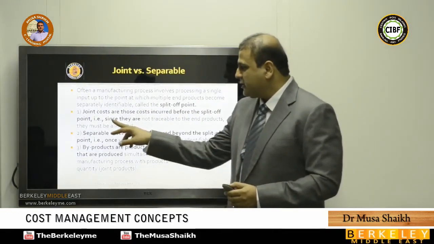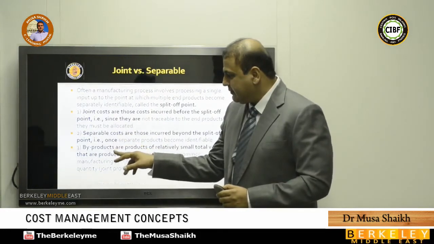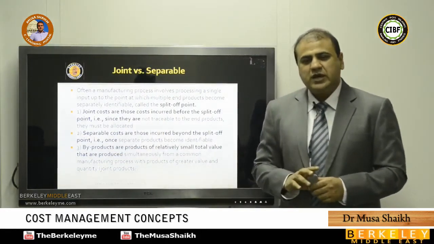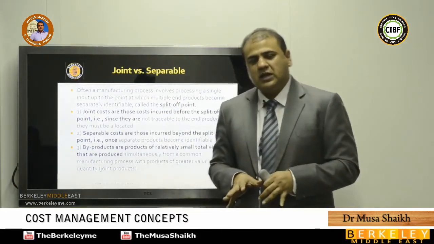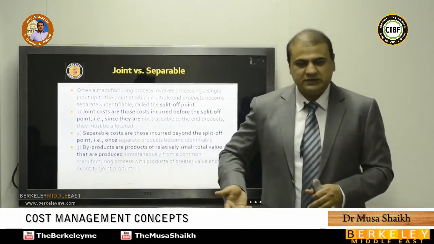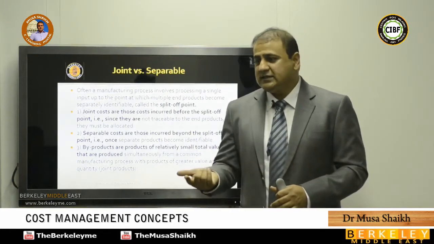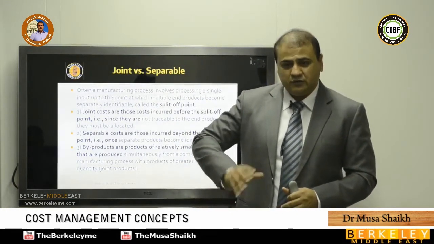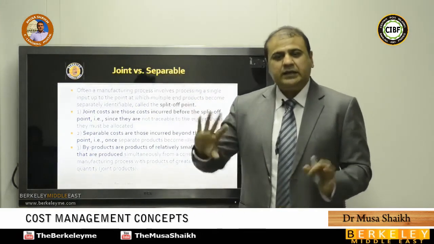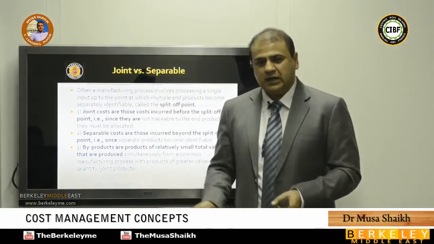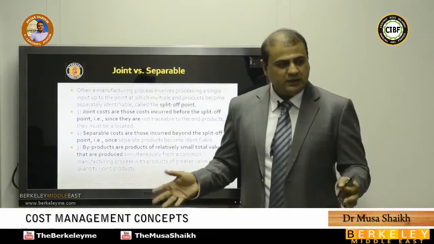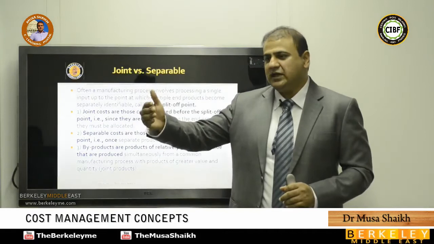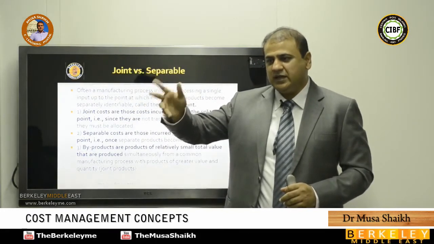Same way, we have joint cost, separable cost, and byproducts. What is joint cost? Joint cost is a cost of common processes. For example, if I want diesel, Supreme, and super jet fuel for aeroplanes, I need to first drill the earth, put up a refinery, inject the oil, and refine it till it reaches the stage where I can allocate this as high end, low end.